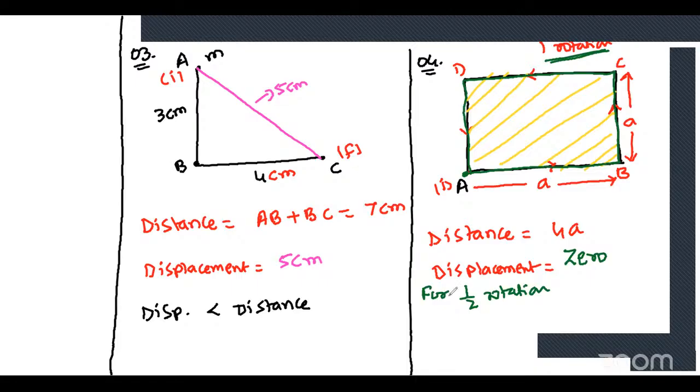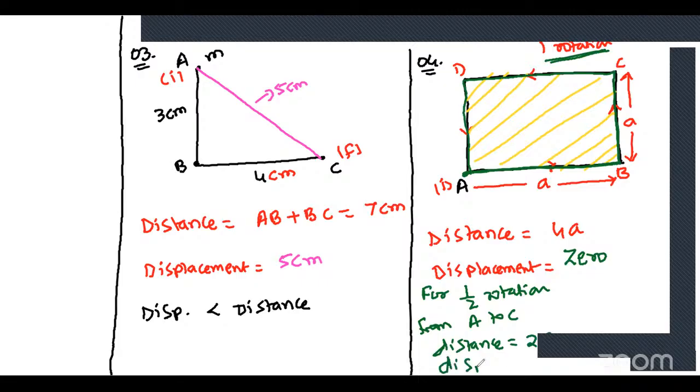For half rotation, that is from A to C, the distance is AB plus BC.